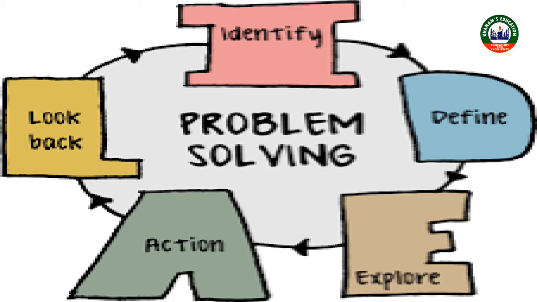In IDEAL, I stands for identifying the problem, D stands for defining and representing the problem, E stands for exploring possible strategies, A stands for acting on the strategies, L stands for looking back and evaluating the effects of one's activities.